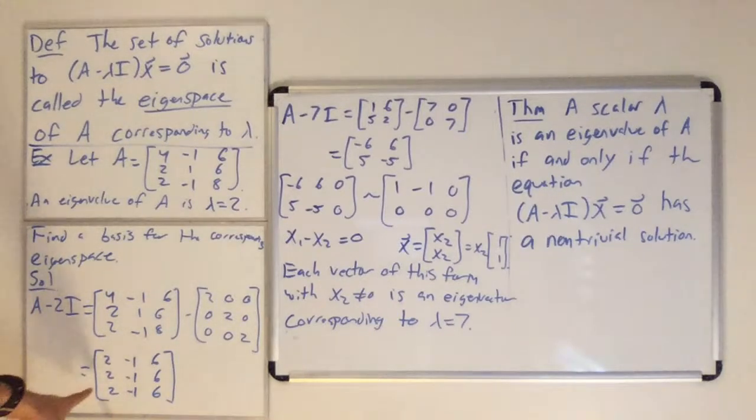So A minus 2I is the matrix 2, negative 1, 6, for all 3 rows.